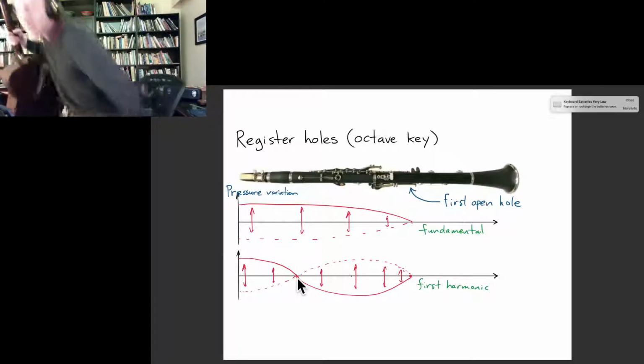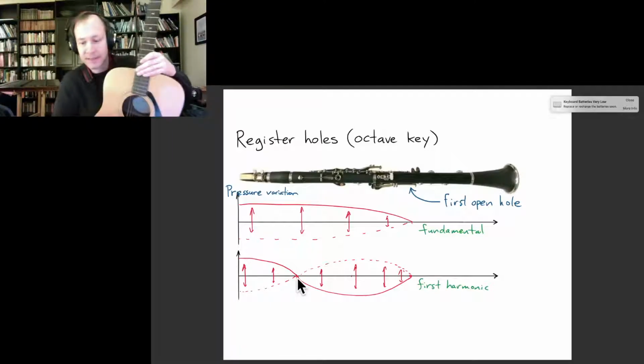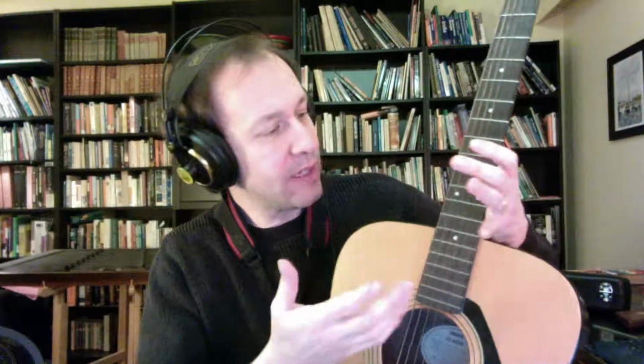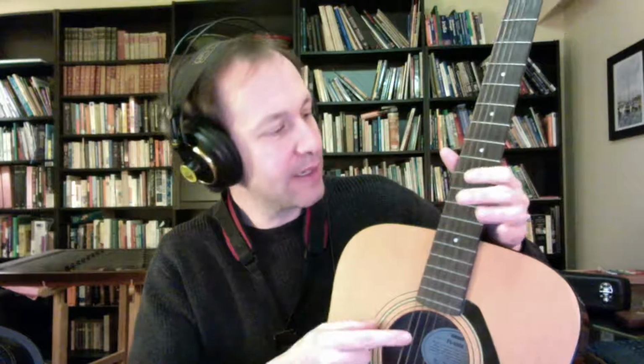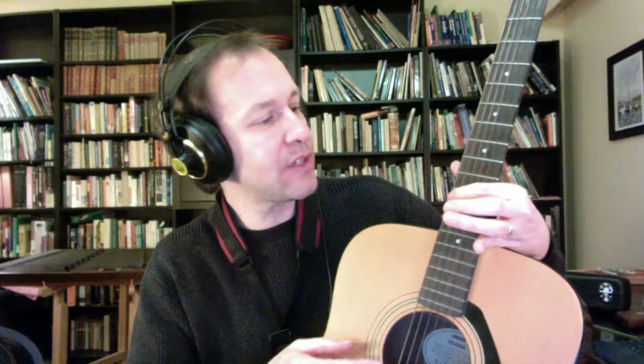So with the guitar, again, we had various harmonics, and the way that we could play, say, the second harmonic on the guitar was actually just to put our finger gently on the place on the guitar string where that second harmonic has a node.